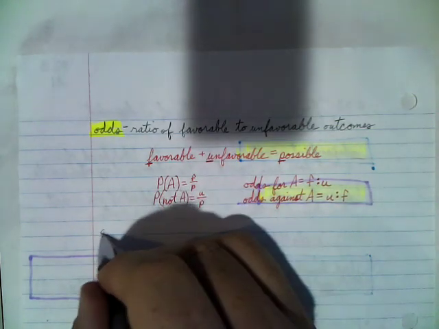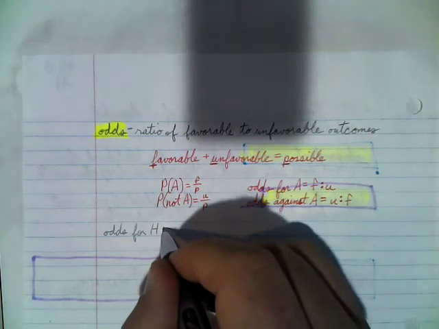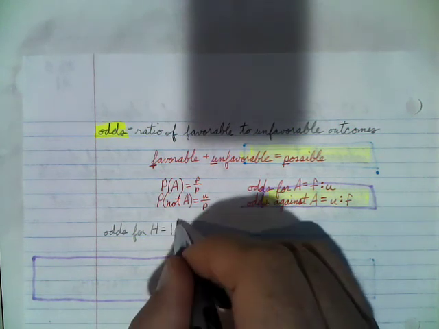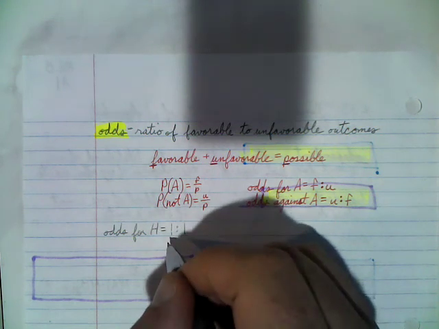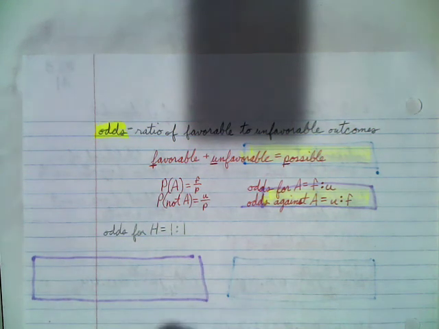So if I asked you for the odds for flipping a coin and getting heads, well, there's one favorable outcome, heads, compared to one unfavorable outcome, tails. So the odds for heads is 1 to 1.